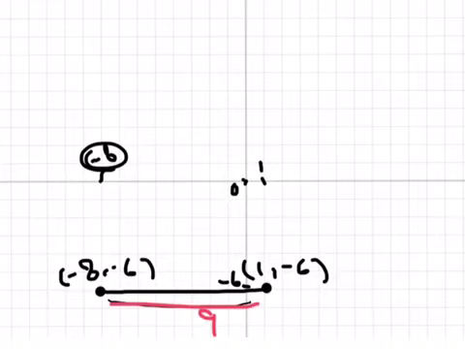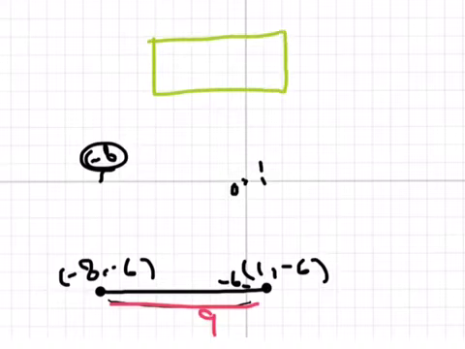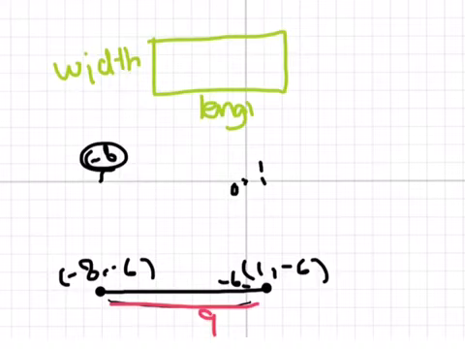Say it's like this. I'm just assuming. So this is the width, and this is the length. And say this is the area. What are we looking for? Yes, perimeter.